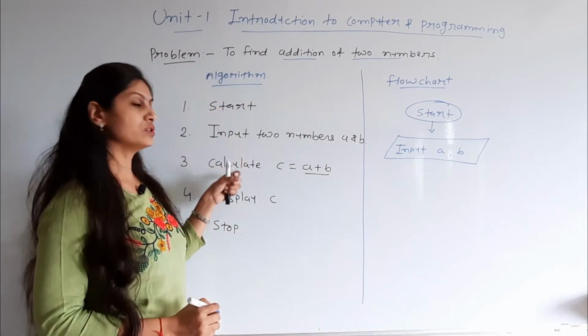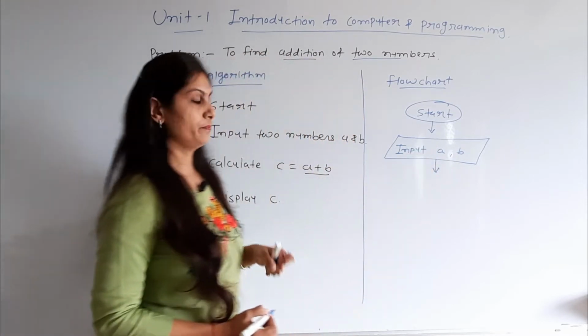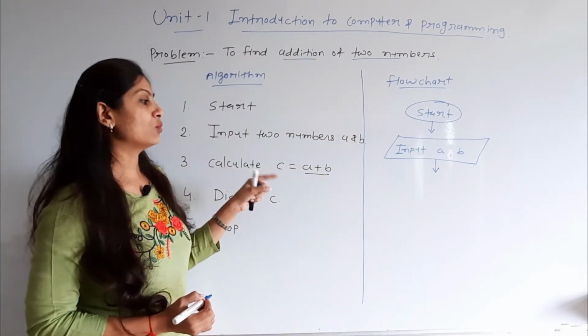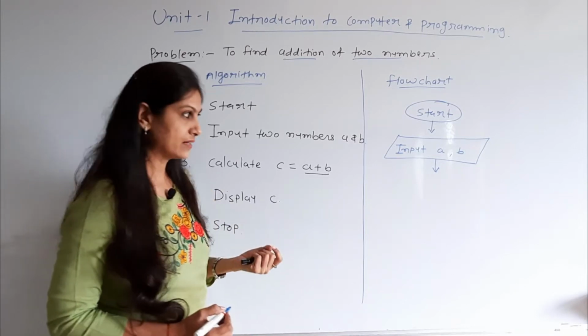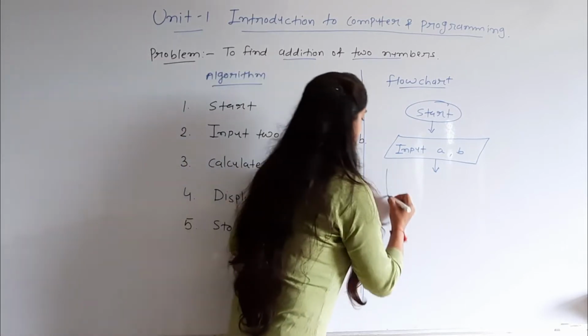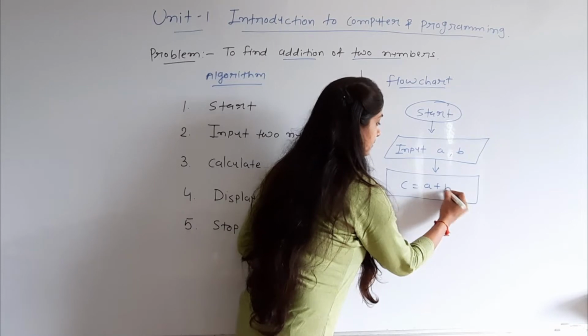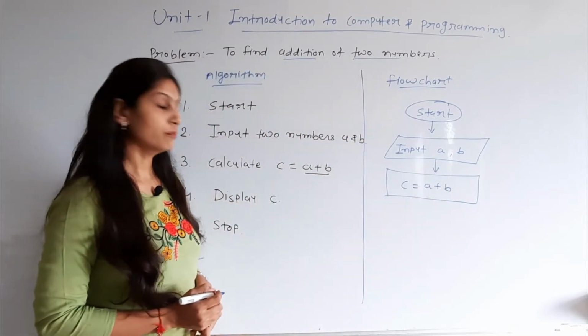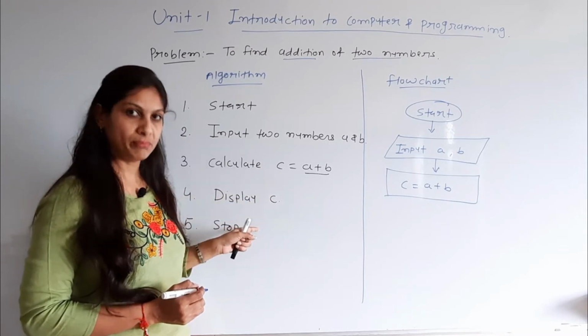After input we have to jump to the third step, so again draw the arrow. Now calculate C equals A plus B. In which shape? Rectangle, because it is a process, it is a calculation. So draw the rectangle first and write the formula, that is C equals A plus B. Now the answer is ready, so we have to print it.